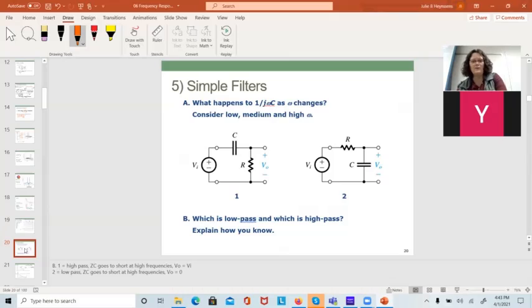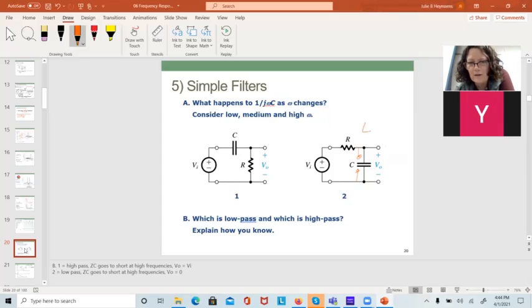Okay, so we've got the two most basic kinds of filters we can think about. This one, right, and let's think about this. At low frequencies like DC, caps are open. So if we're thinking about DC and this cap being open here, what that would say is my very low frequencies are just going to pass through.